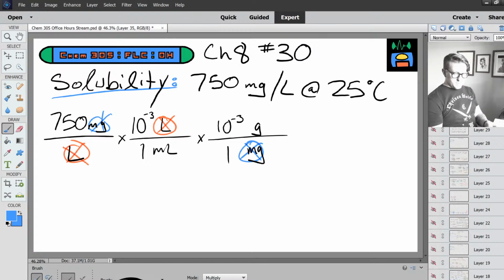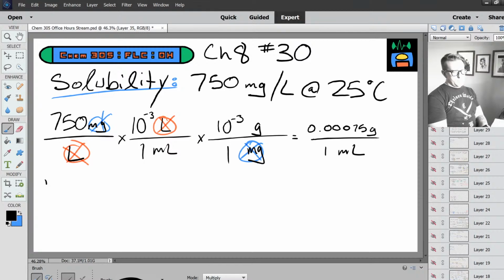So this means that we get 0.00075 grams in 1 milliliter.